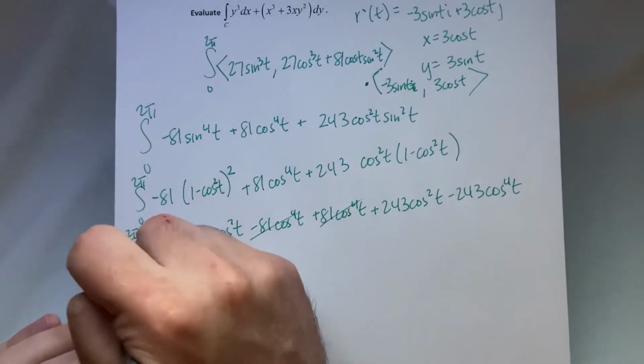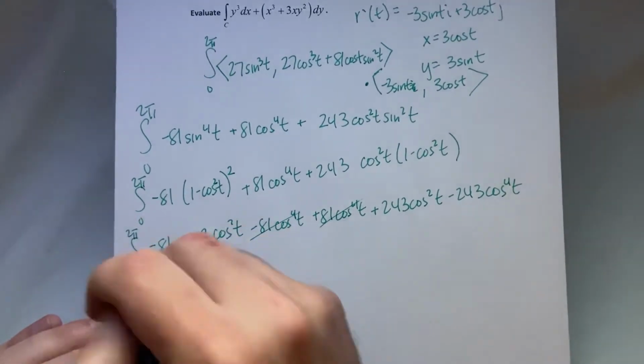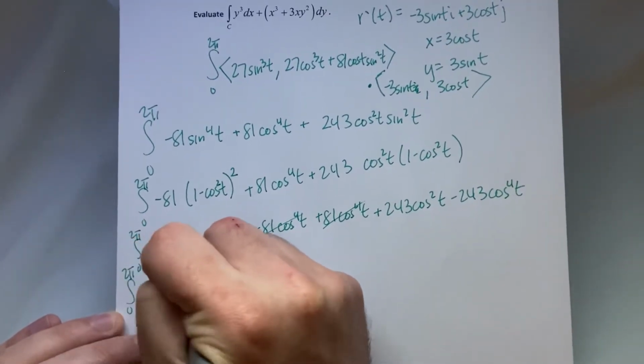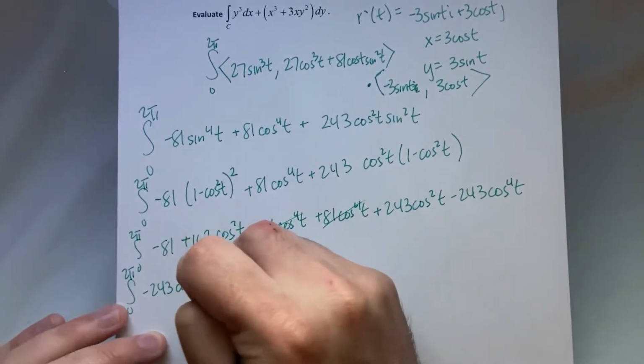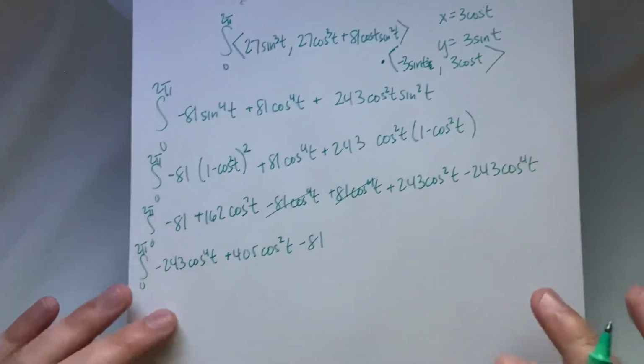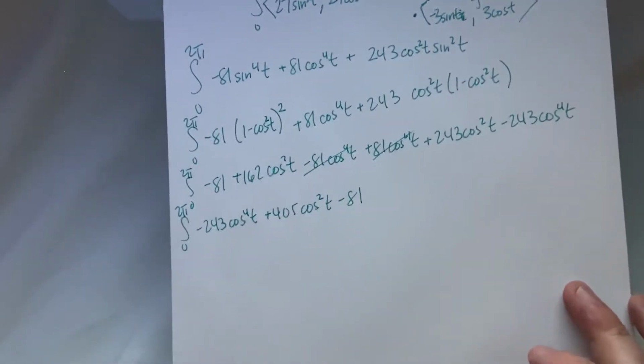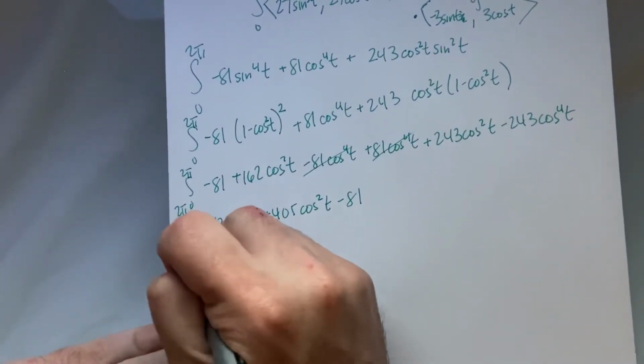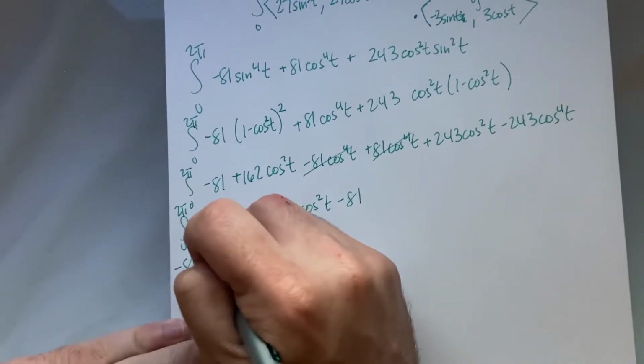So it looks like we have negative 243 cosine to the fourth t plus 405 cosine squared t minus 81. Just going to factor out the negative 81 to be precise.